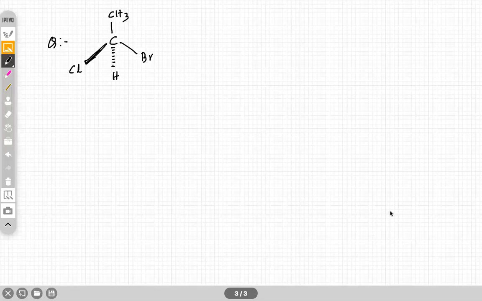Okay, so find out the configuration, R or S. Is it R?